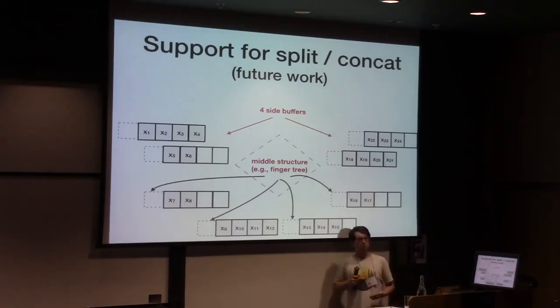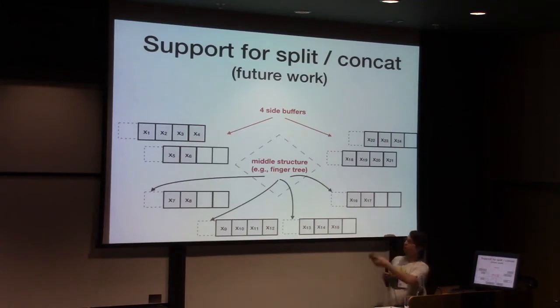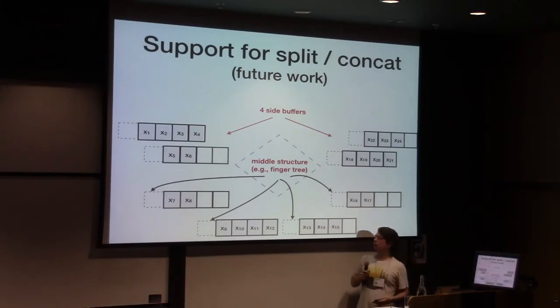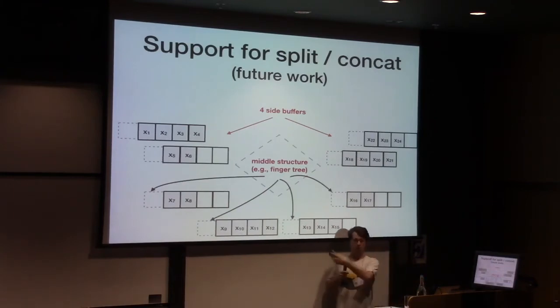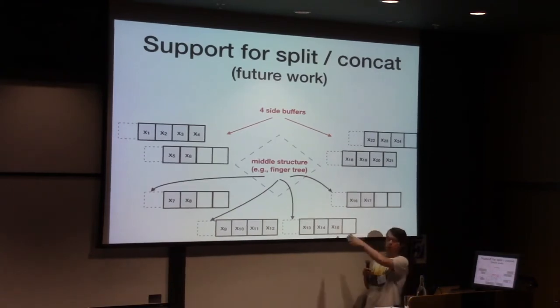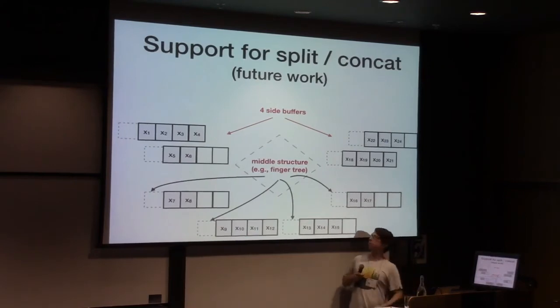Where we started in this work was implementing an imperative, an ephemeral version of the finger tree, and instantiating that with chunks. So we would store the vertices in the frontier in the chunks, and we would push and pop chunks from the finger tree. So we sort of treat the finger tree as a black box.